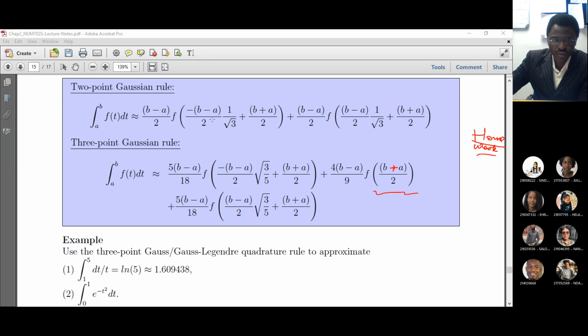If you put 0 here, it will cancel out this term, and then the constant term will remain. That is (b plus a) by 2. So that's why here you have the constant term, because x will multiply this part. Is that clear for everybody? If you don't understand, please let me know so that I repeat.